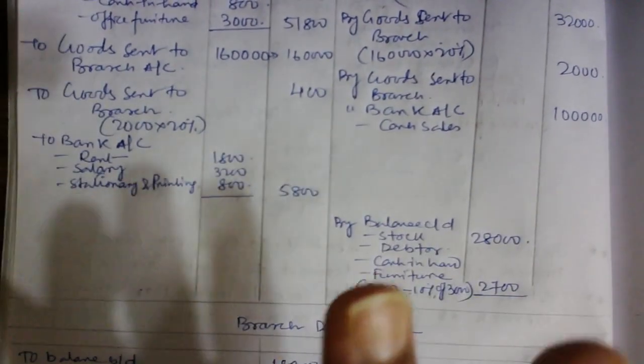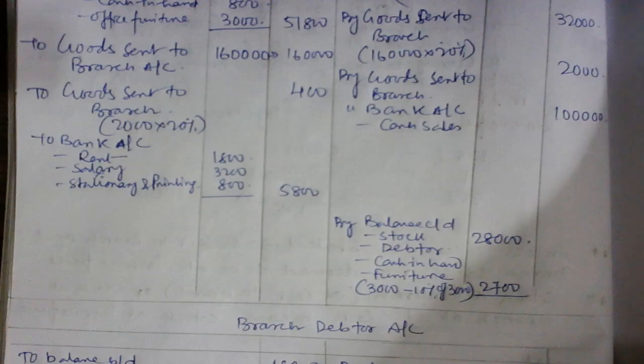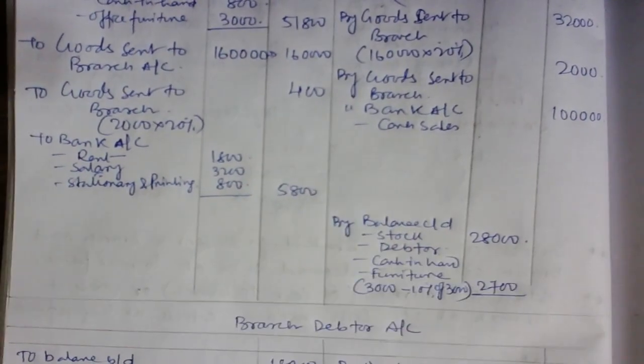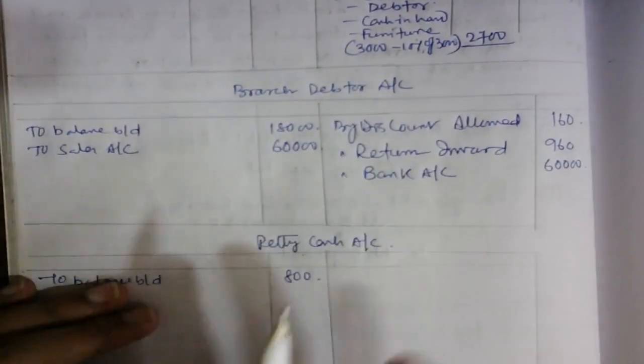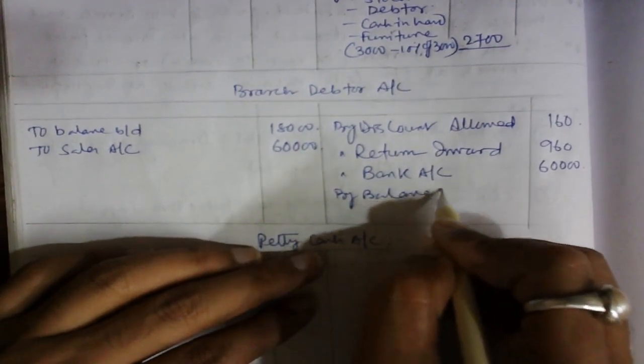Now after this, we have completed all the information. We have plotted the closing stock, we have plotted the depreciation, everything. Now what we need to calculate? Debtor and cash in hand. That is what is pending. So from here we can easily calculate. All the information is plotted in the data, so we can calculate the by balance CD, the closing balance.